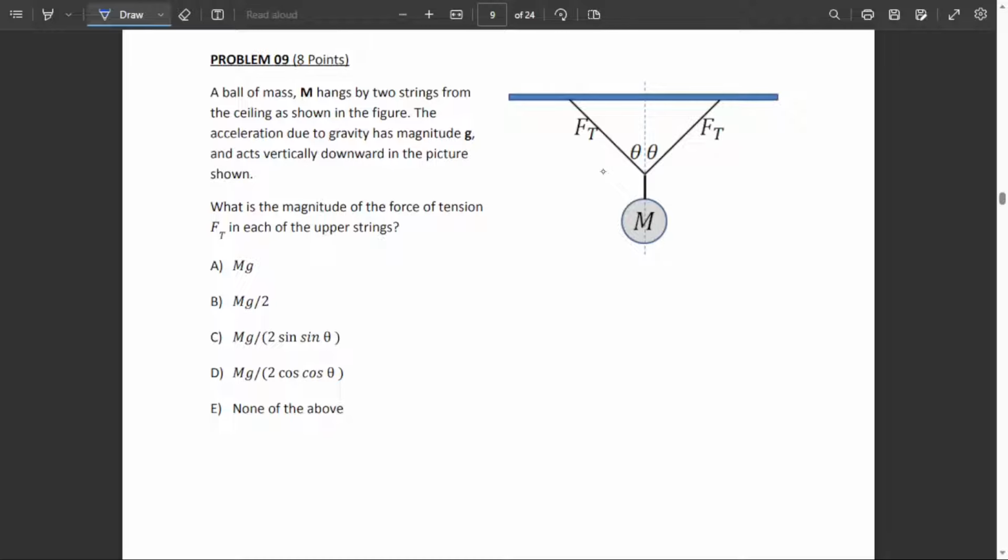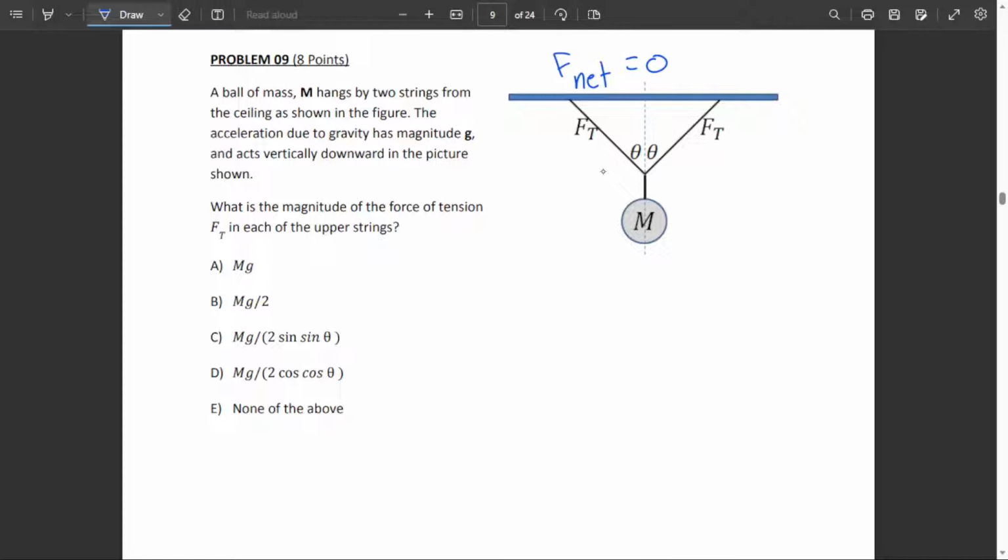So, if we look at our diagram, we are told that the ball hangs. And so, I think it's a safe assumption to make that the ball is not moving around. So, there's no net acceleration and therefore no net force. And that's going to be the key to solving this, that the net force is equal to 0.